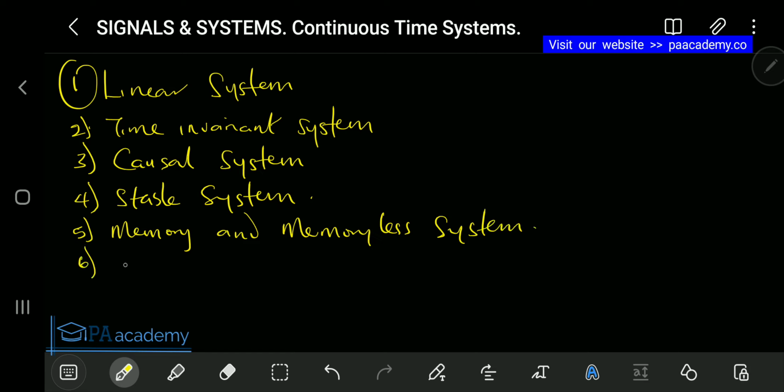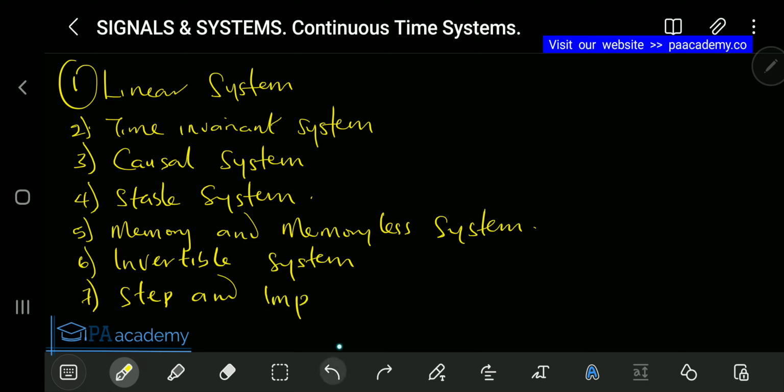On number 6, we have the invertible system, and then the last one we are going to be talking about is the step and impulse responses. So these are the 7 different systems that we are going to be looking at under the continuous time system.